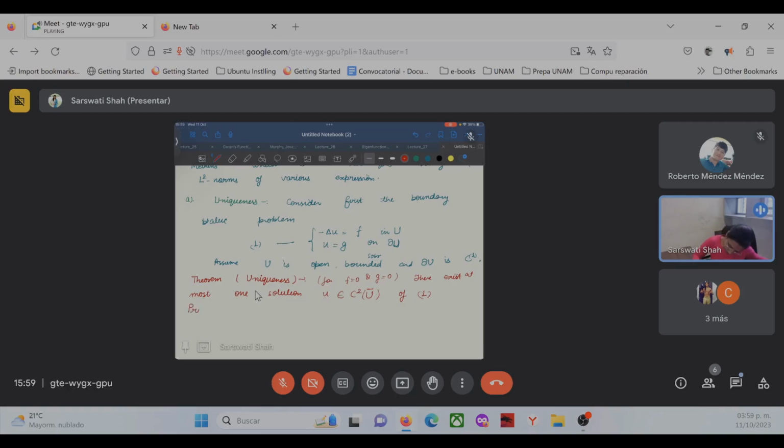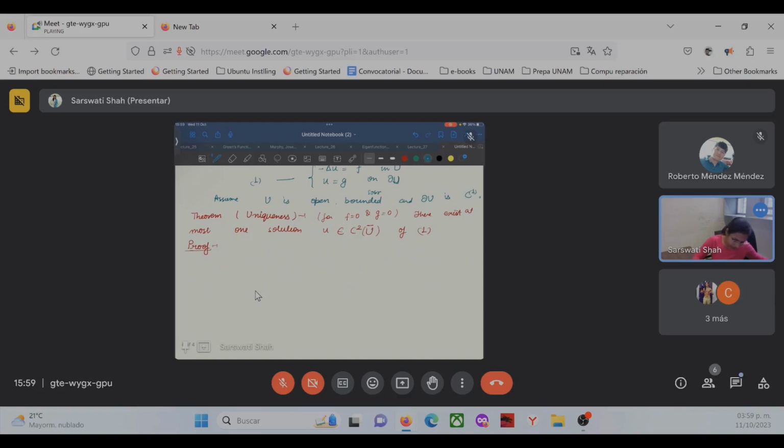So, proof. Assume it has two solutions. U is the given solution and U tilde is another solution.